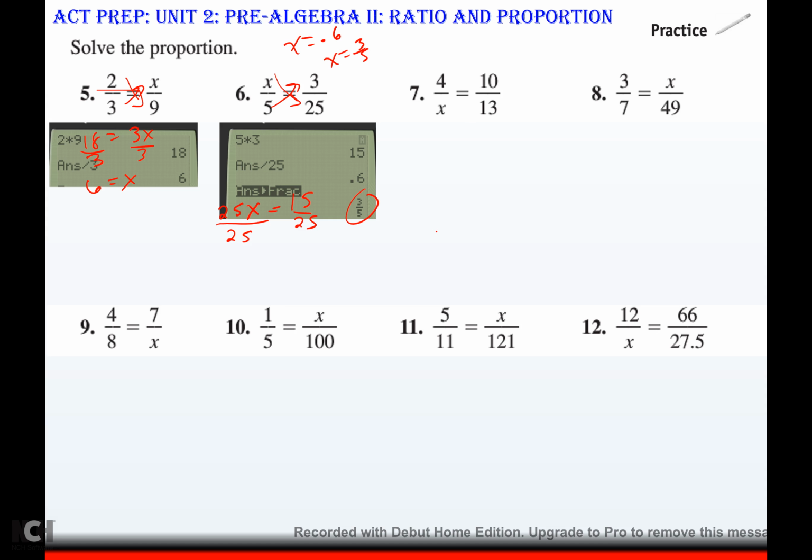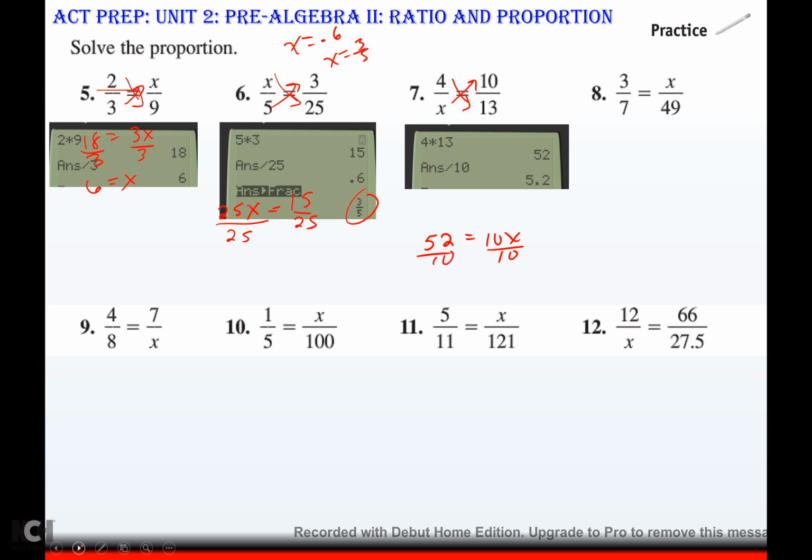Okay, on 7, you have 4 times 13, which is 52, equals x times 10, which is 10x. Divide by 10, and you get x equals 5.2. Number 8, 3 times 49, can't do that in my head, is 147, equals 7 times x is 7x.